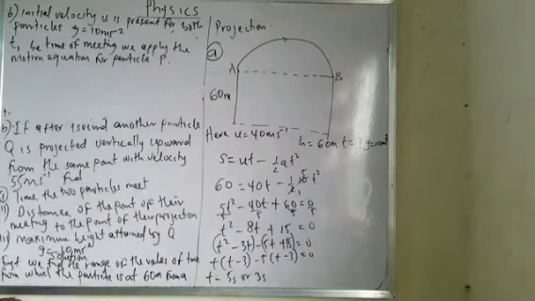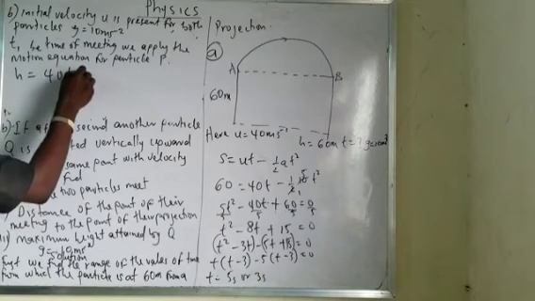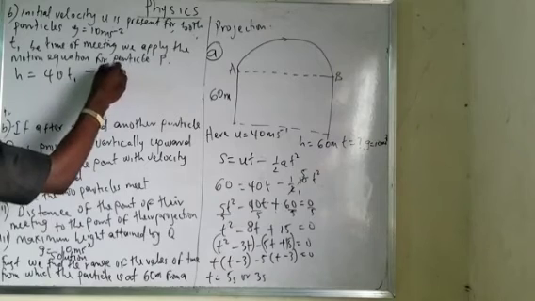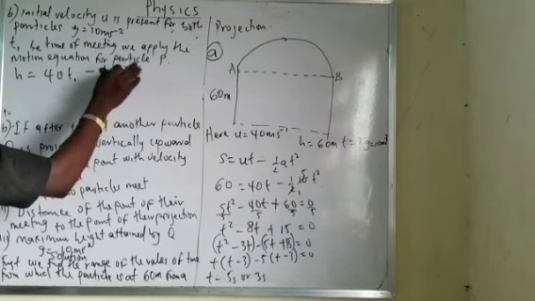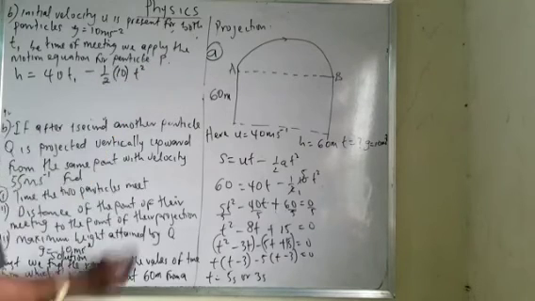Now, what we are to do is have h equals 40t minus one over two times 10 times t squared.